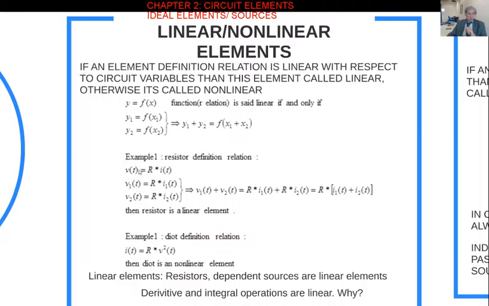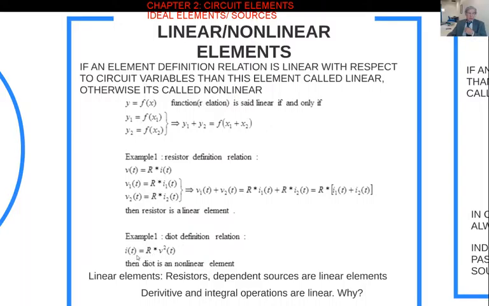You can consider this as y, r a constant, and this as x. So y = m times x, which is a linear function. Since this linear function is the definition relation of a resistor, that resistor is a linear element.